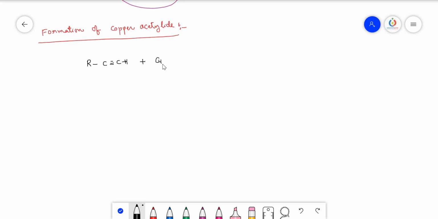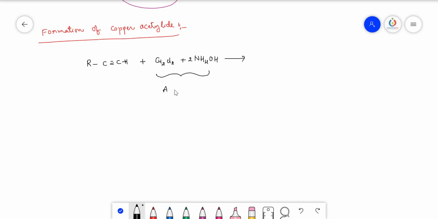So when it is treated with ammoniacal cuprous chloride solution, Cu2Cl2 plus NH4OH, usually we use 2 molecules of ammonia, because 2 chlorine atoms are there. So this is called ammoniacal cuprous chloride.